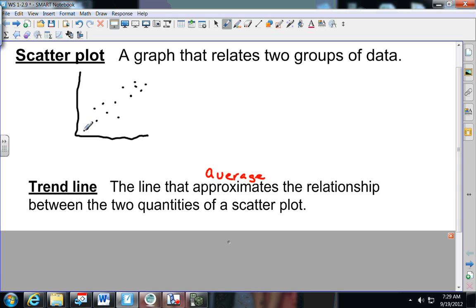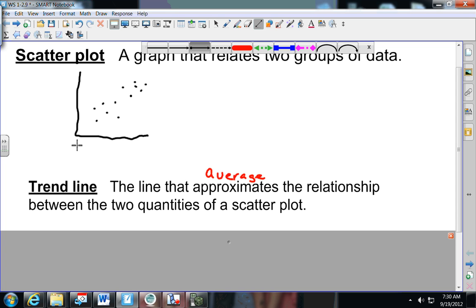So for example, if this was my scatter plot and I went to draw a trend line, I would draw a line that goes through the middle of all the dots, because an average doesn't mean it hits all the numbers, right? When we take the average, we add them all up and divide by how many numbers we have, right?